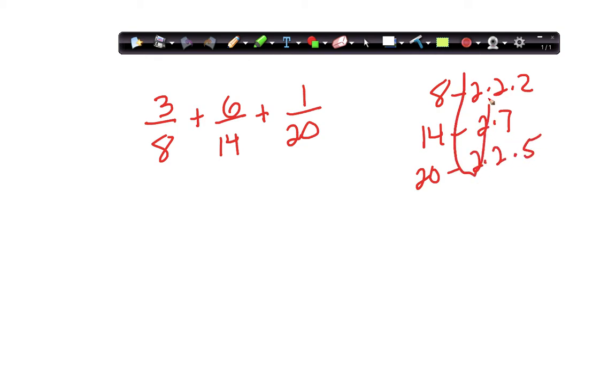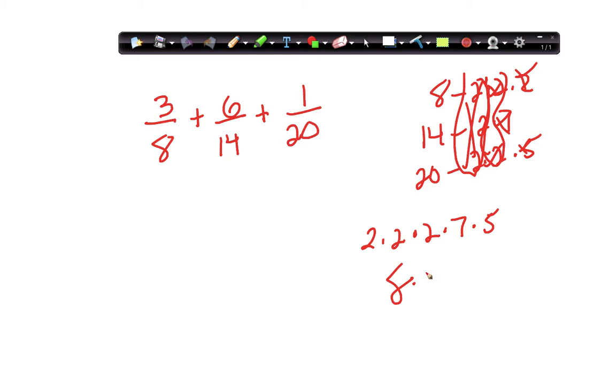So we've got these 2's in common, so we'll use those once. And then times 2 times 7 times 5, so all the rest of them. So that's 8 times 7 times 5. 8 times 5 is 40. 7 times 40 is 280.